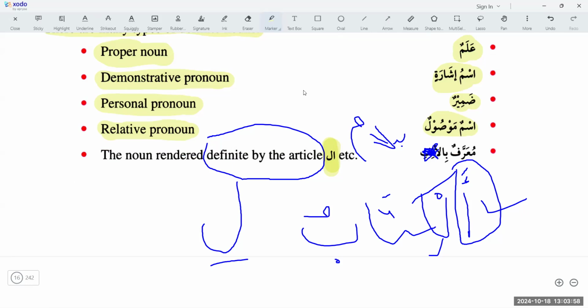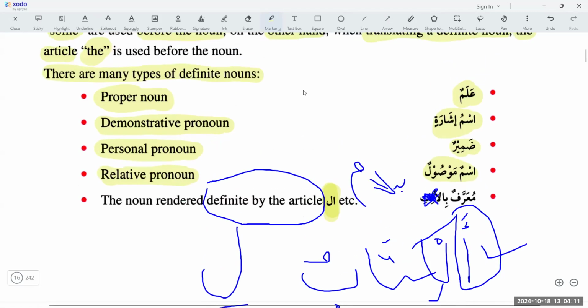Assalamu alaikum. Wa alaikum salam wa rahmatullahi wa barakatuh. I was asking, can we have an example of each definite pronoun that you taught us, so that we can relate?